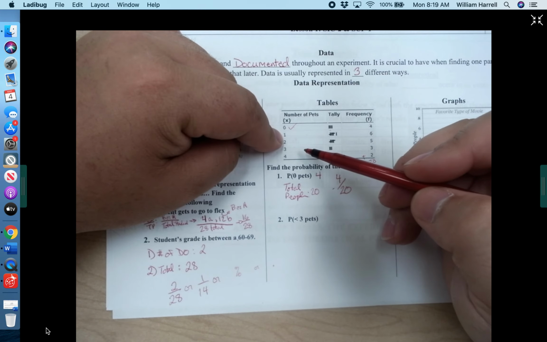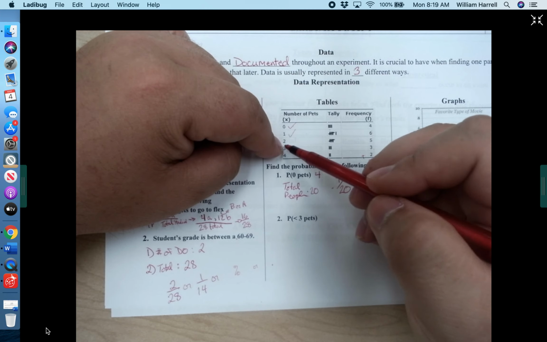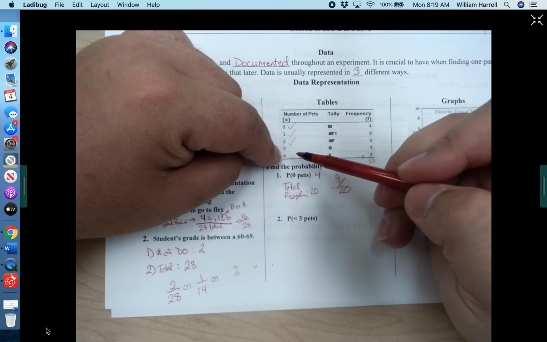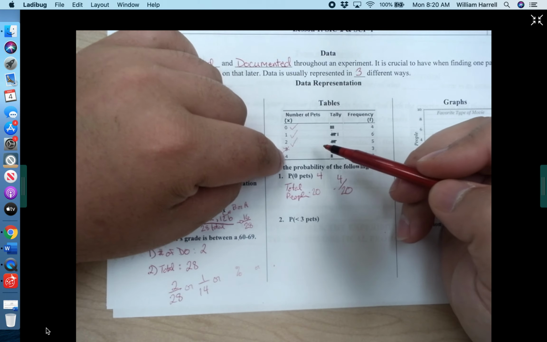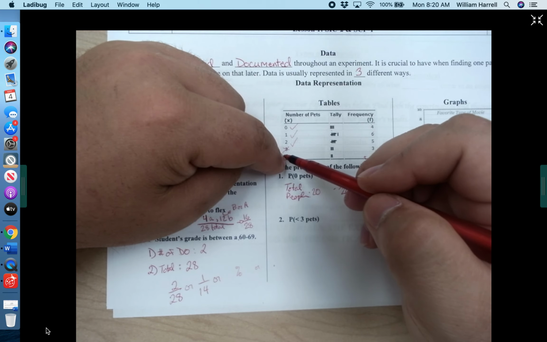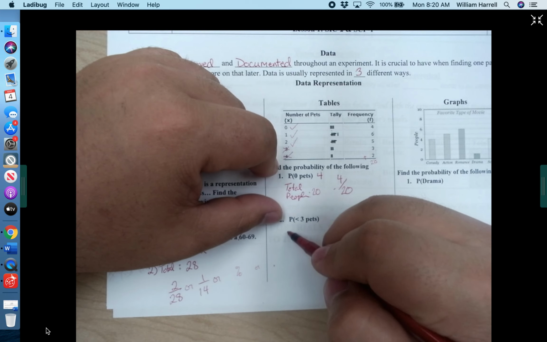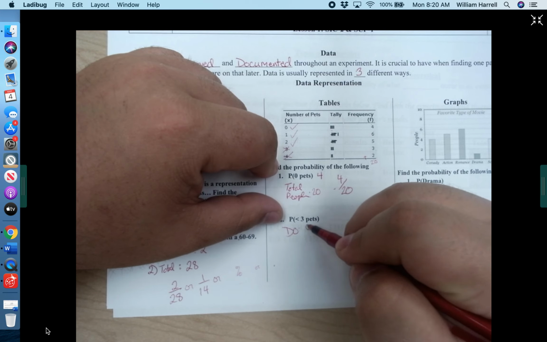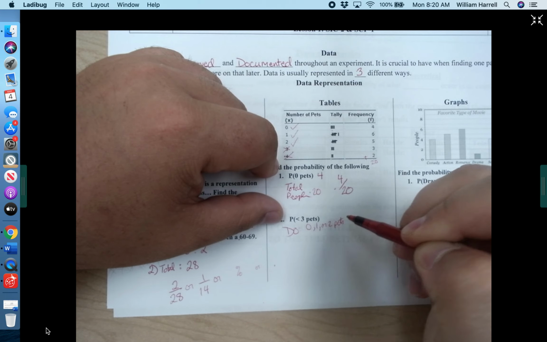Would 1 pet be less than 3 pets? Yes, it would. Would 2 pets be less than 3 pets? Yes, it would. Would 3 pets be less than 3 pets? No. Would 4 pets be less than 3 pets? No. Therefore, my desired outcomes are 0, 1, or 2 pets.